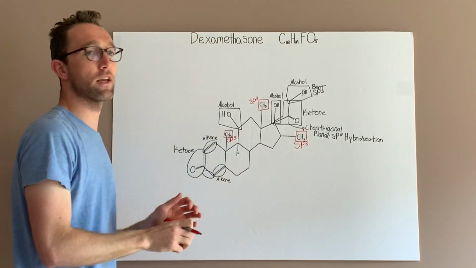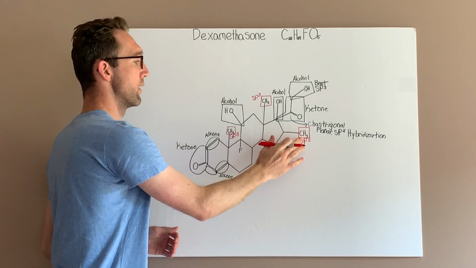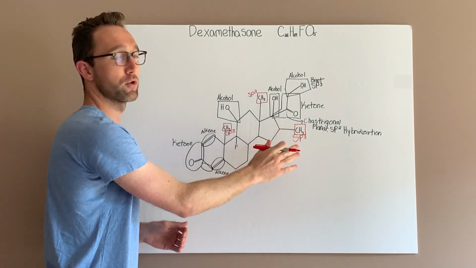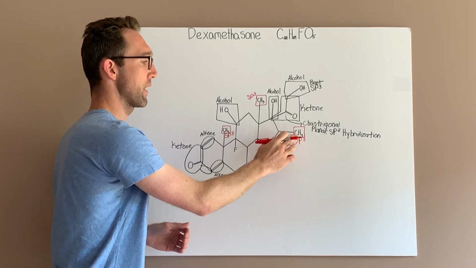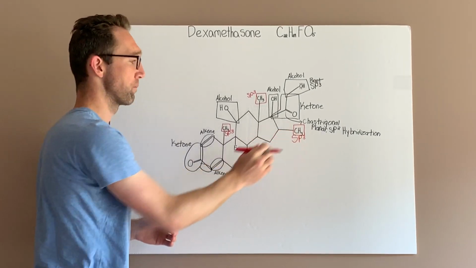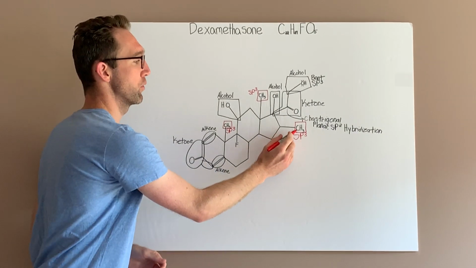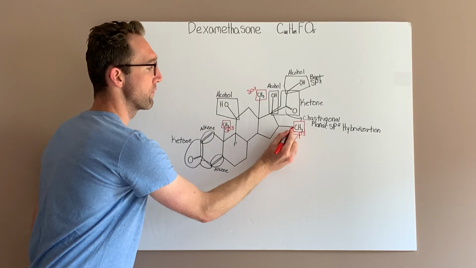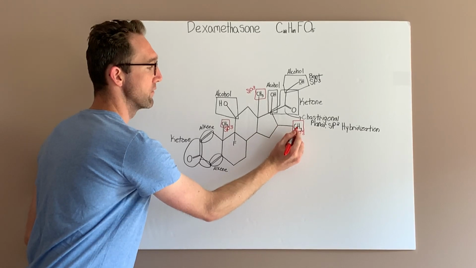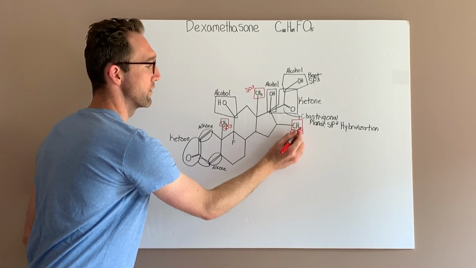Now, I want to take a second to delve into the molecular geometry, electron arrangement, and bond angles of this carbon a little more. As we said before, this carbon has 4 electron groups because we have a carbon-to-carbon bond here, and carbon is bonded to the 3 hydrogens around it.